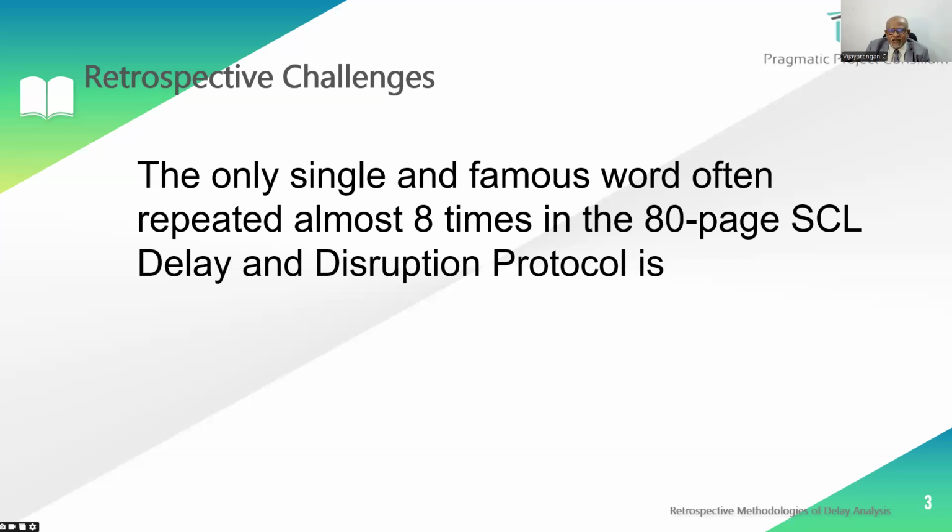For example, the project execution duration has been decided as 2 years, 24 months. Somehow the project got delayed for various reasons, and my dear expert started looking into that. He started analyzing it retrospectively.